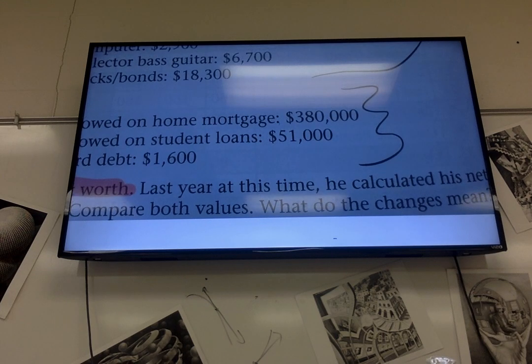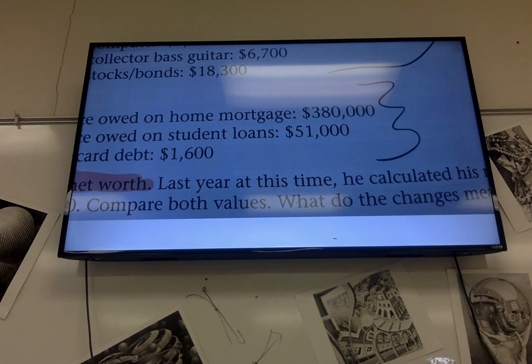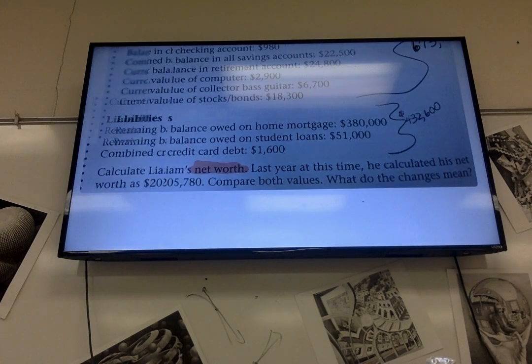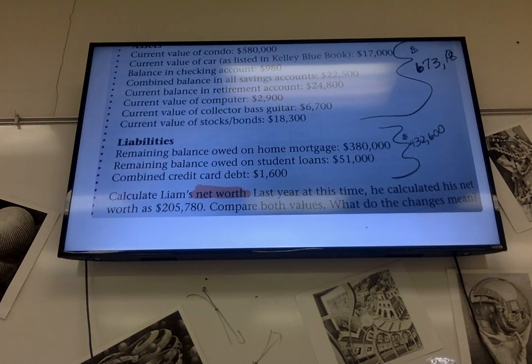Yeah. There we go. And you just type something wrong. It happens. $432,600. Okay, so how do we find the net worth?